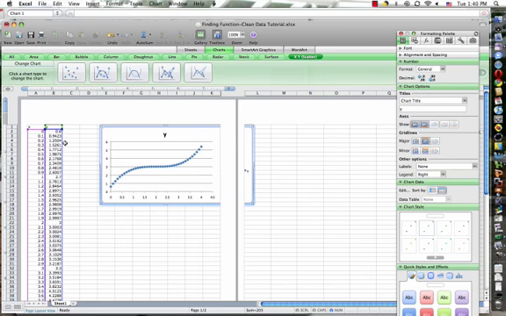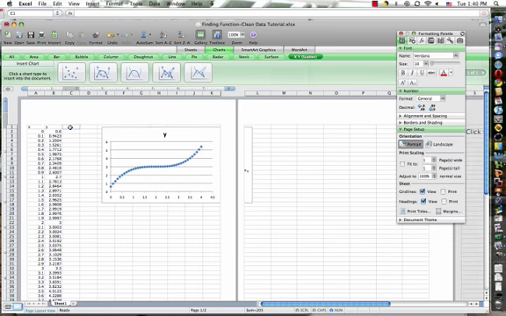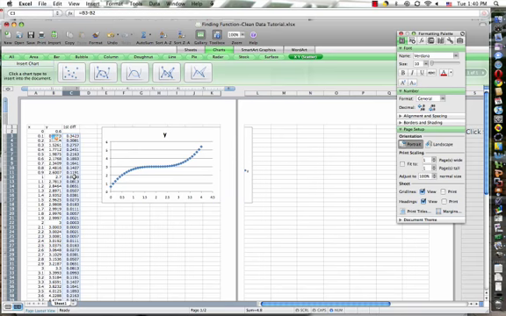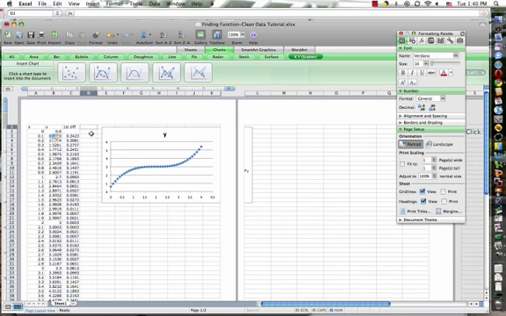We can verify that by coming over here and putting our first difference here. We could say that's equal to that, subtract that one, then quickly fill that down. Well, it's definitely not linear.